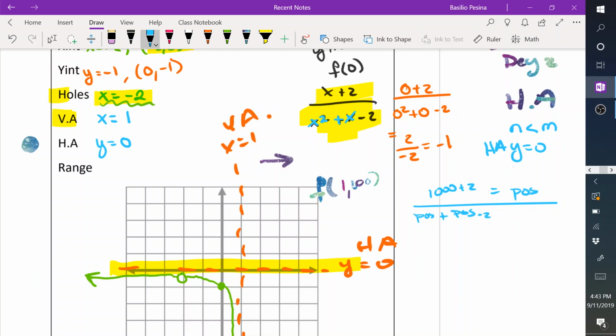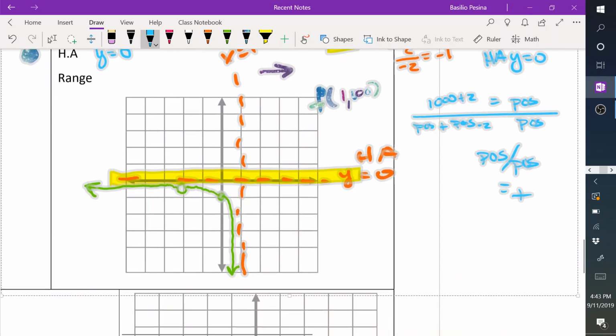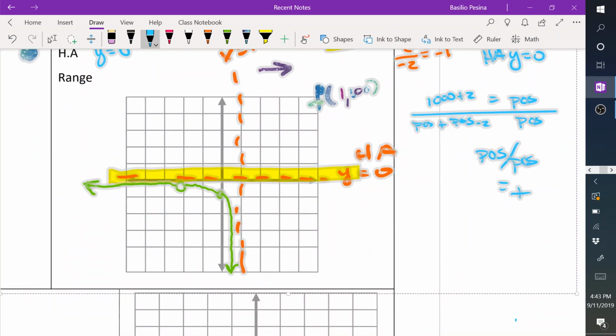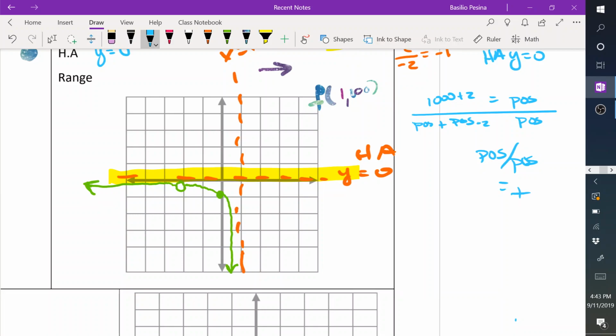At the end of the day, guys, this is still positive. So positive divided by positive is positive. So this graph is telling me what? Is it above or below the x-axis? Well, if it's positive, it has to be above the x-axis, so it should look like this. Cool. So this is our entire graph.